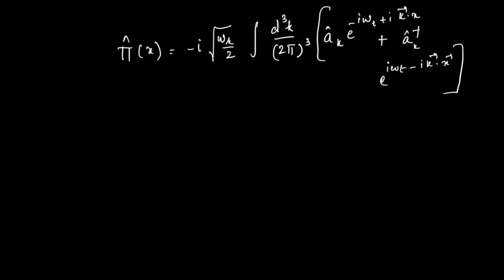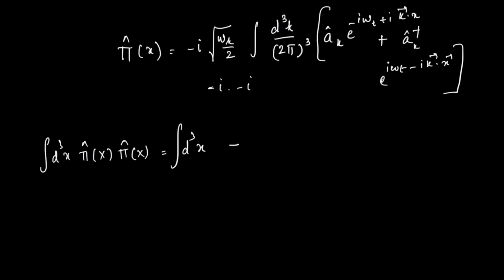Okay, so integral d cube x pi of x multiplied by pi of x will be integral d cube x. Now I square will be minus 1 and then still there is a minus. So minus I multiplied by minus I will be minus 1.